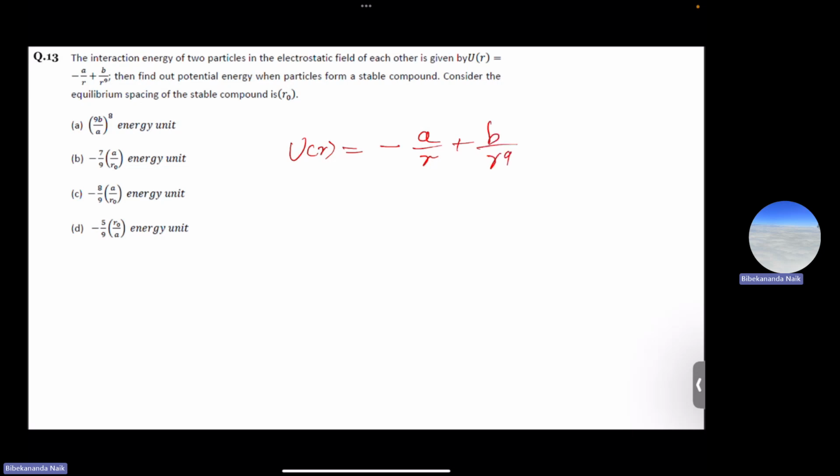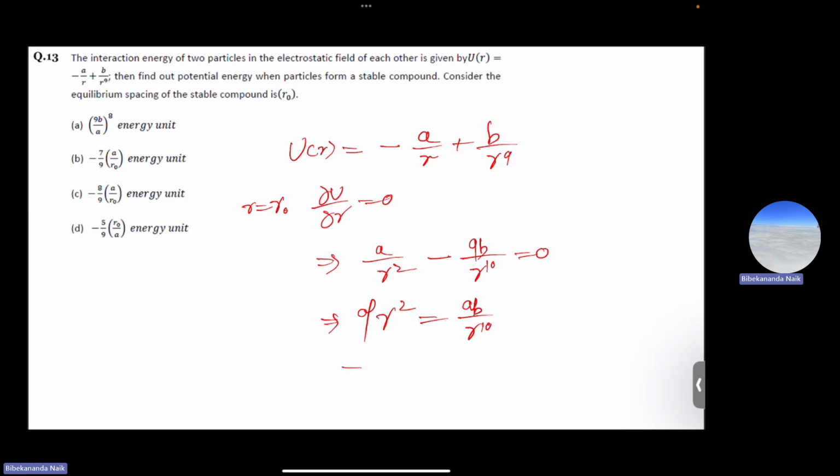For equilibrium spacing R0, at R equals R0, dU by dR equals 0. That implies A by R square minus 9B by R to the power 10 equals 0. That implies A by R square equals 9B by R to the power 10.